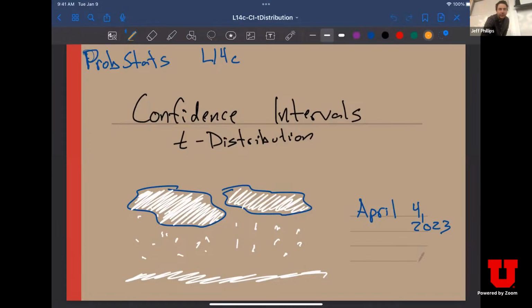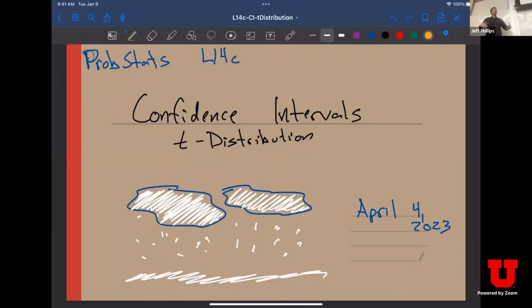And so today we're going to be talking about confidence intervals again, and in particular the T distribution. We've talked about confidence intervals so far when we had data drawn from a normal distribution and we knew the variance, and when we had data drawn from a binomial distribution, which is approximated by a normal distribution.